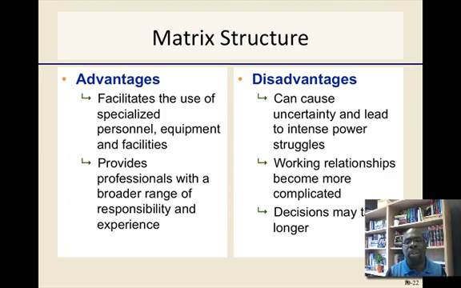It becomes a very difficult issue unless there's a clear line indicating who has more authority. And then also working relationships become more complicated, and decisions may take very long.